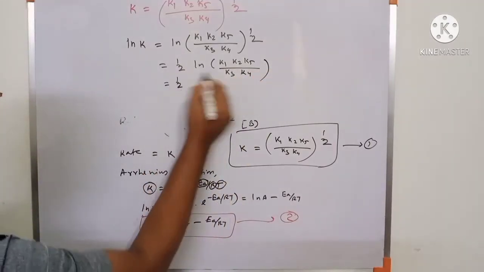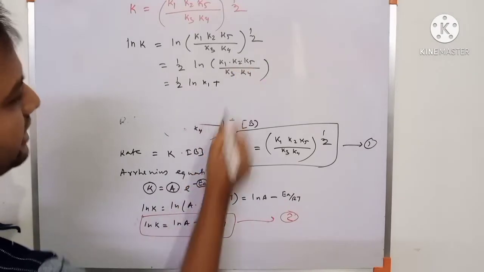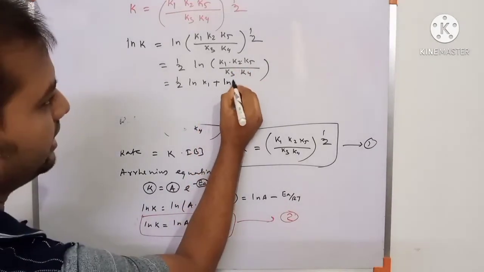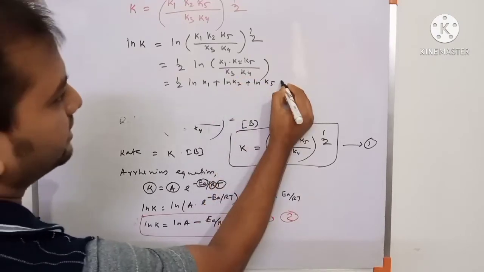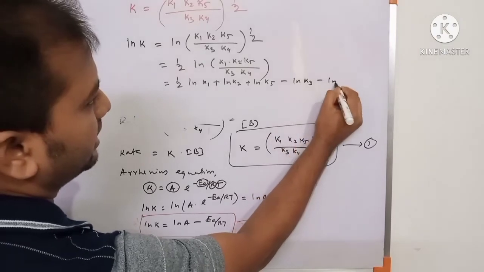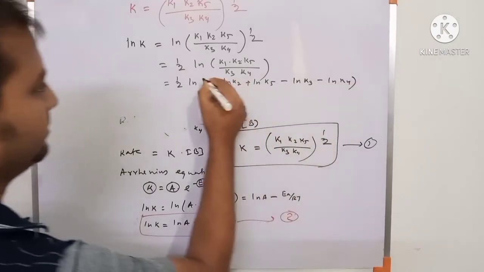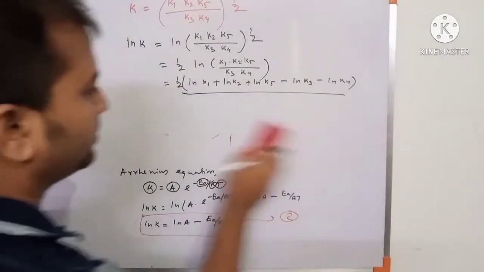So half of ln K1 plus, since this is multiplied, addition, ln K2 plus ln K5, and since divided, subtraction, ln K3 minus ln K4.